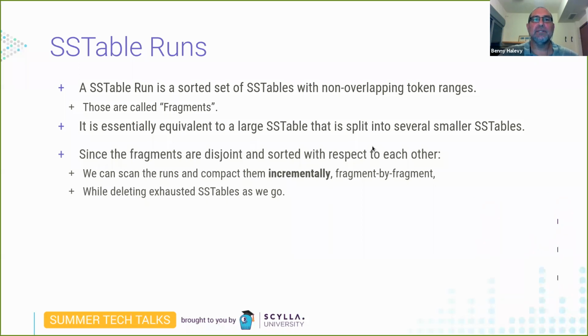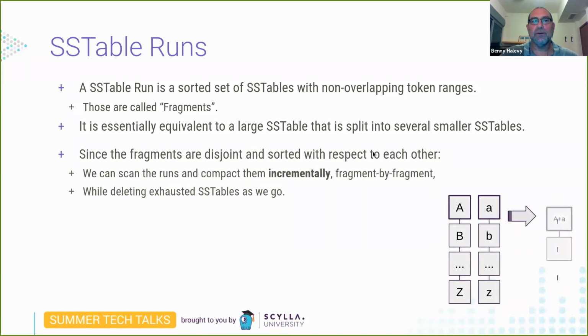Now, since fragments are disjoint and sorted with respect to each other, we can scan these runs and compact them incrementally, fragment by fragment, while deleting the exhausted SSTables as we go. So in this example, ICS starts with the first fragment of each run, shown here in capital A and lowercase a.